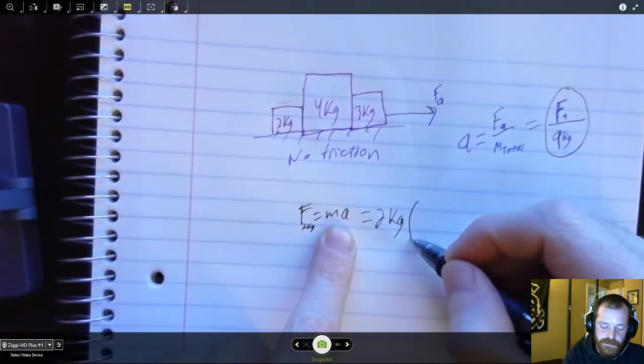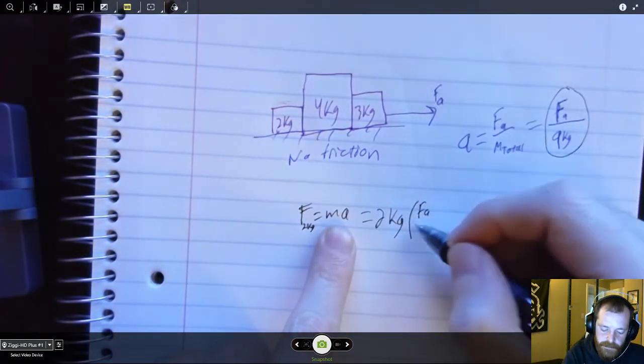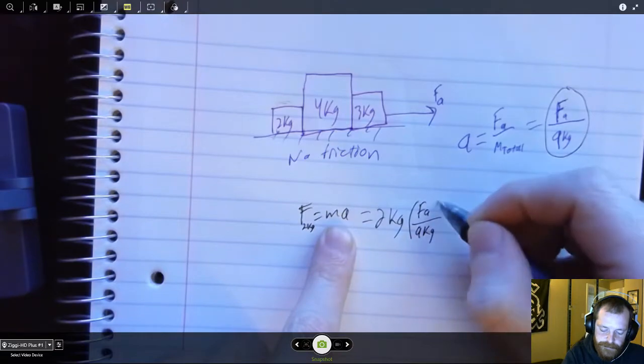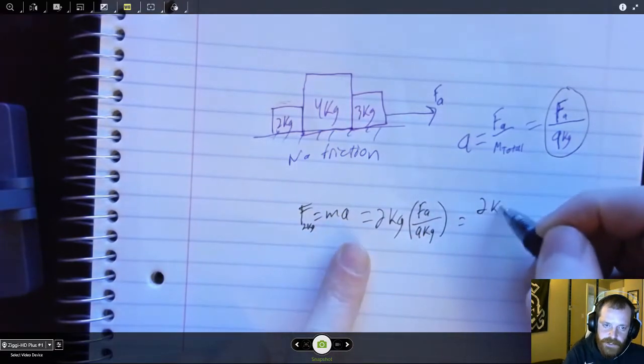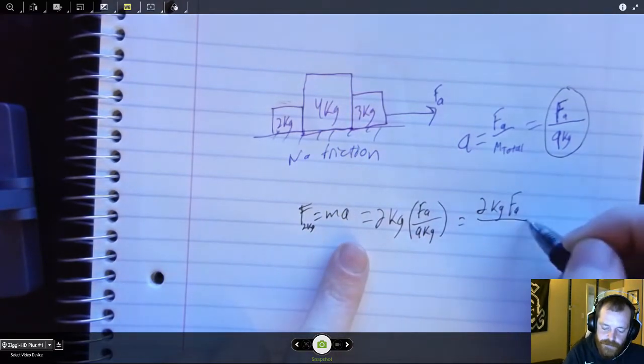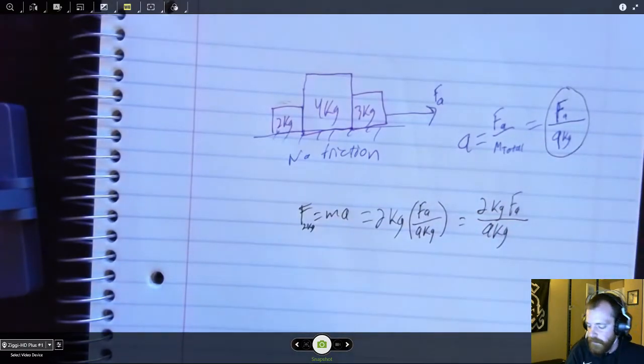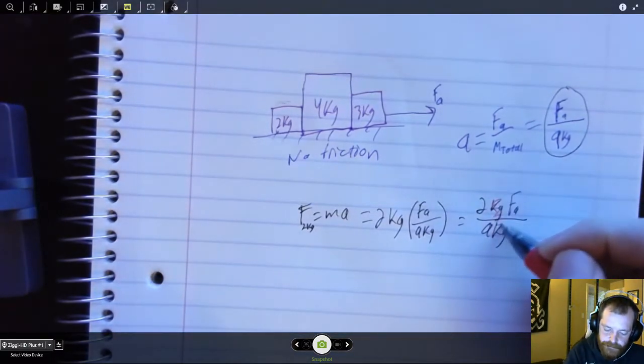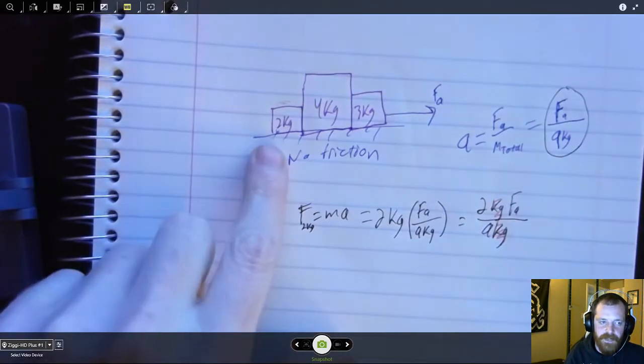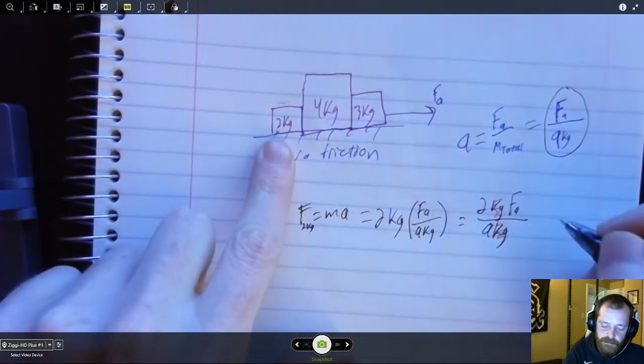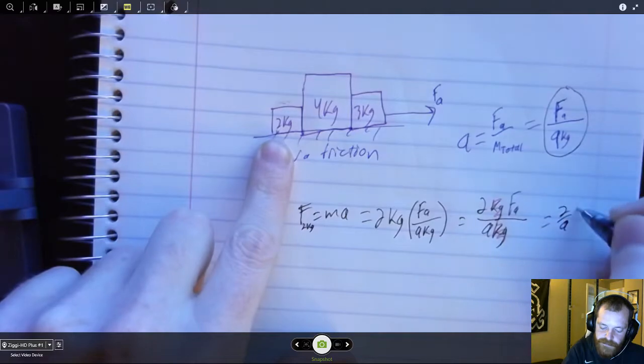So 2 kilograms multiplied by the applied force over 9 kilograms equals 2 kg times applied force over 9 kg. The units here are going to cancel out. So the force acting on the 2 kilogram box is 2/9 of the applied force.